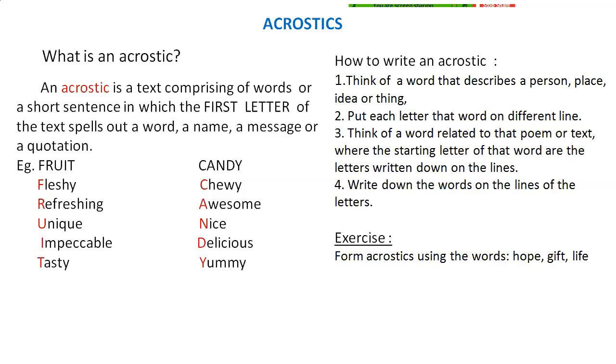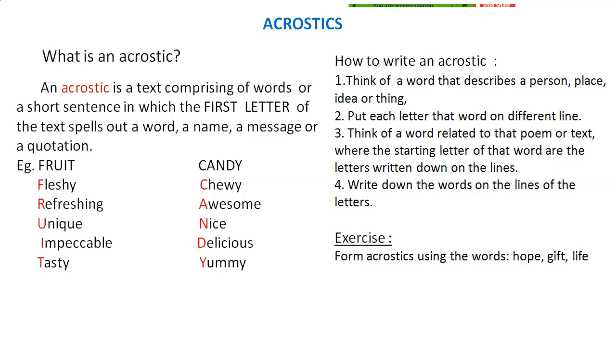Examples of an acrostic are given here. Take, for example, the word fruit. Every letter of this word is used to form a new word. Like we have taken the letter F and we've written fleshy.